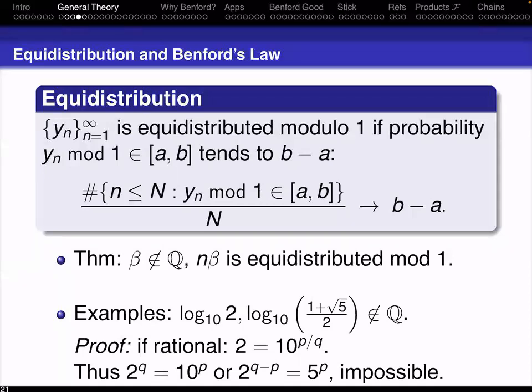So we'd get 2 to the q minus p is 5 to the p. The only way 2 to a power can equal 5 to a power is if they're both to the 0 power, which would mean p has to be 0 and q minus p has to be 0. So q is 0. So it's a nice exercise: prove that the log of the golden mean base 10 is also irrational.